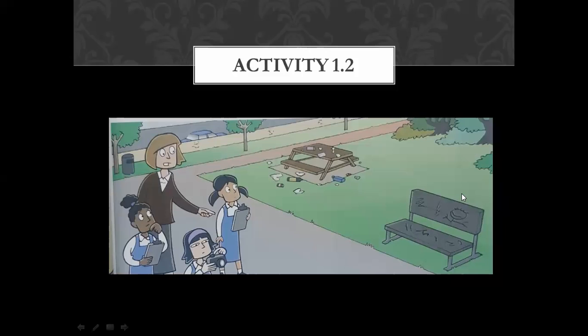So look at this place. This place is dirty. People eat in the park and they throw their litter or trash on the ground. So what do you think, boys? How can we make our environment clean?